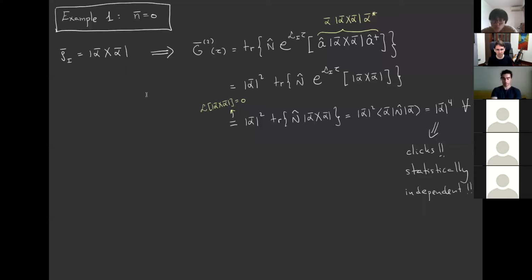So this is really, really interesting because this is telling you that the probability of getting a click doesn't depend on whether you got a click before, okay? So it's random. So every click is random.